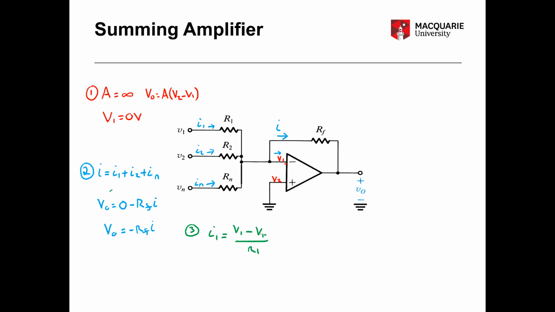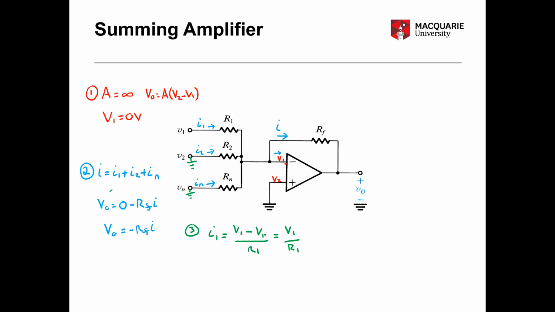And we know that the V1 minus is 0, so this just equals V1 over R1. And that's because we can simply ignore V2 and Vn in this circumstance because we're just grounding those inputs based on superposition.